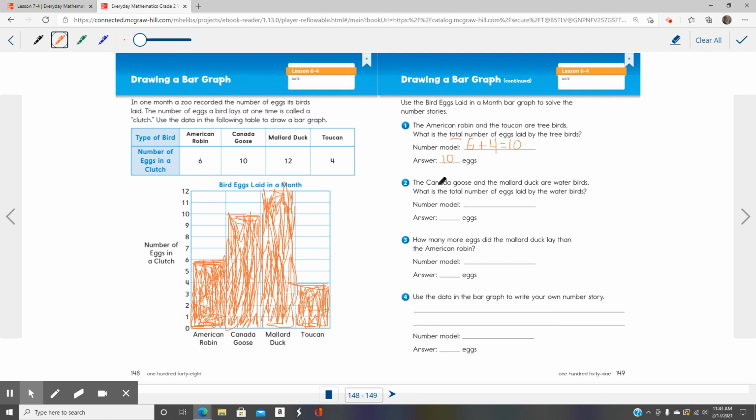Remember, if you're comparing 2 birds, you're subtracting. I know I've been saying that over and over again like a broken record. Hopefully you'll remember. Down here, ooh, you're going to write your own number story. Woohoo! I can't wait to see what you write. Your assignment is to finish this page. Make sure your parents take a picture of it and send it to me.